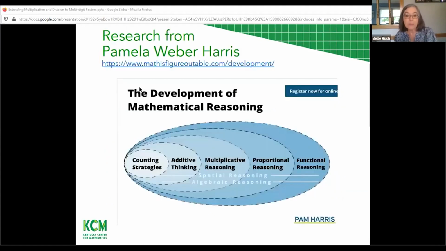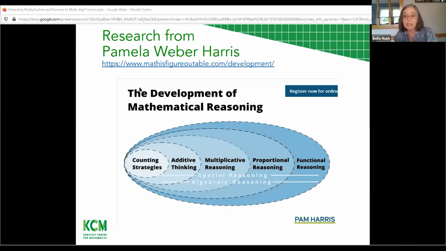And here is again that graphic from Pamela Harris, where we move kids through this continuum where they're counting each thing by ones and even skip counting. They can do additive thinking where they're adding and still counting by ones, or skip counting, and then their multiplicative thinking, we move them through that phase.